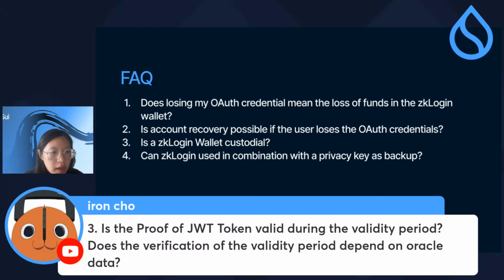What they do is by the end of epoch, they will pull from this authenticated endpoint the latest public key of Google or other providers and vote on it. So we're sure that the correct view of the public key is up to date on chain that way.